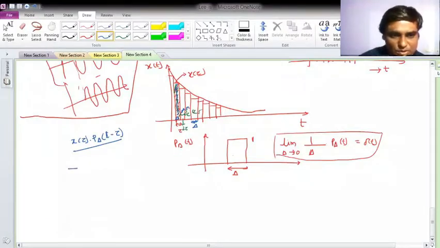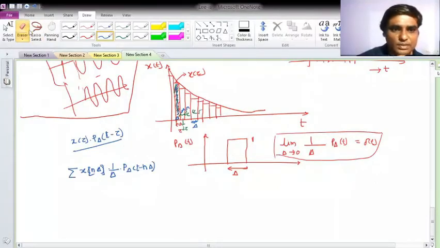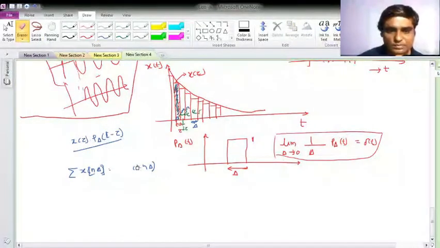So in discrete form I can write x of n delta, that is x of delta, 2 delta, 3 delta, 4 delta, which will be the magnitude at that particular delta instant, into the box function, which we have represented as 1 over delta into p delta of t minus n delta. Okay, yeah, 1 by delta will not come.